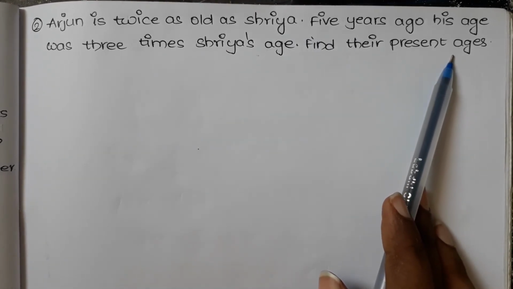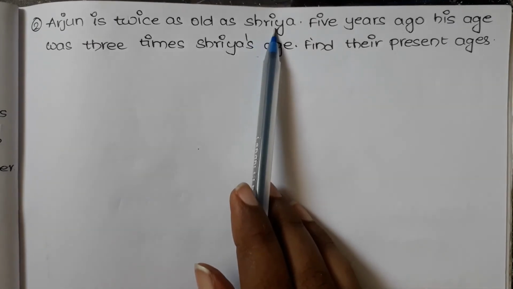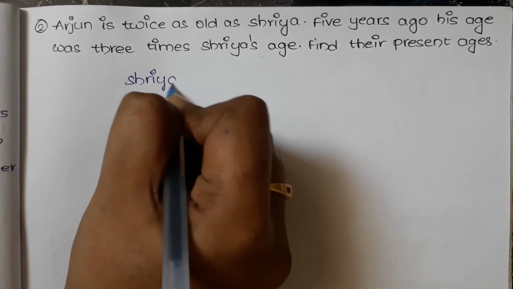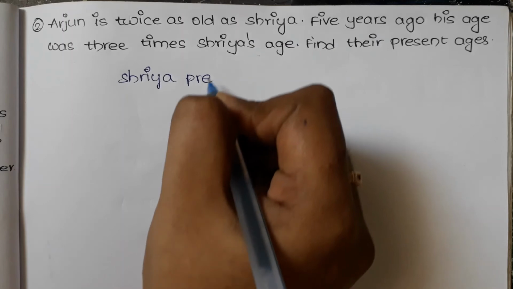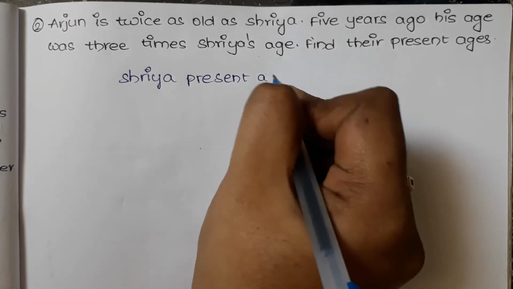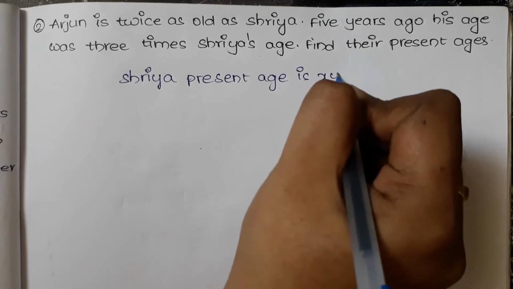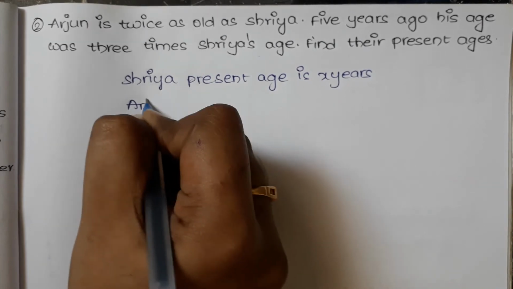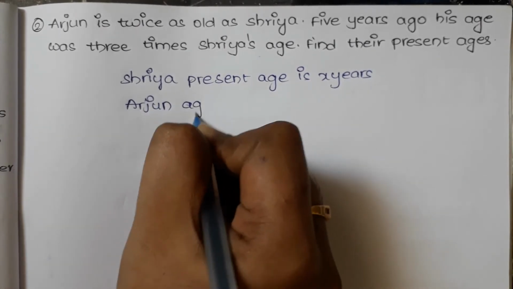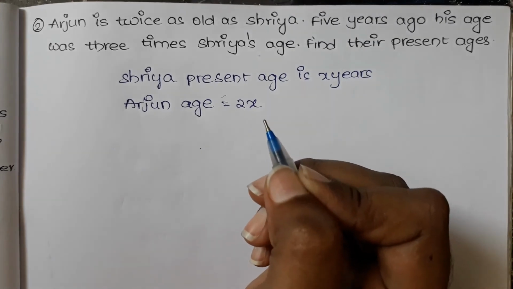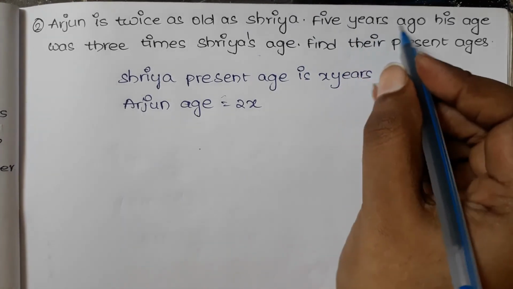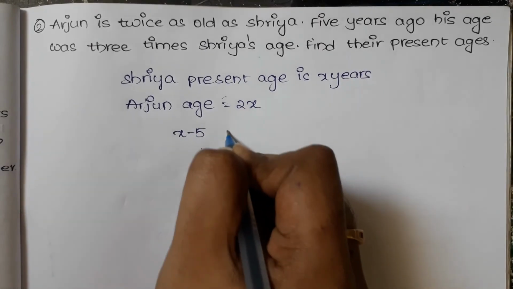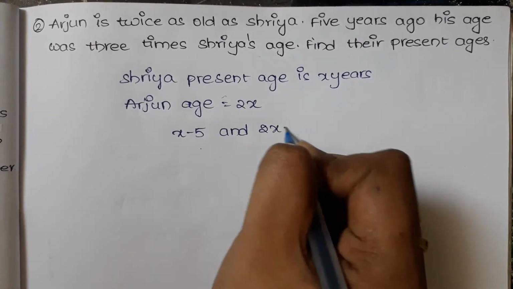Let us assume Shriya's present age is x years, and according to this Arjun is 2x. They have given that 5 years ago, Shriya's age was x minus 5 and Arjun's age was 2x minus 5.